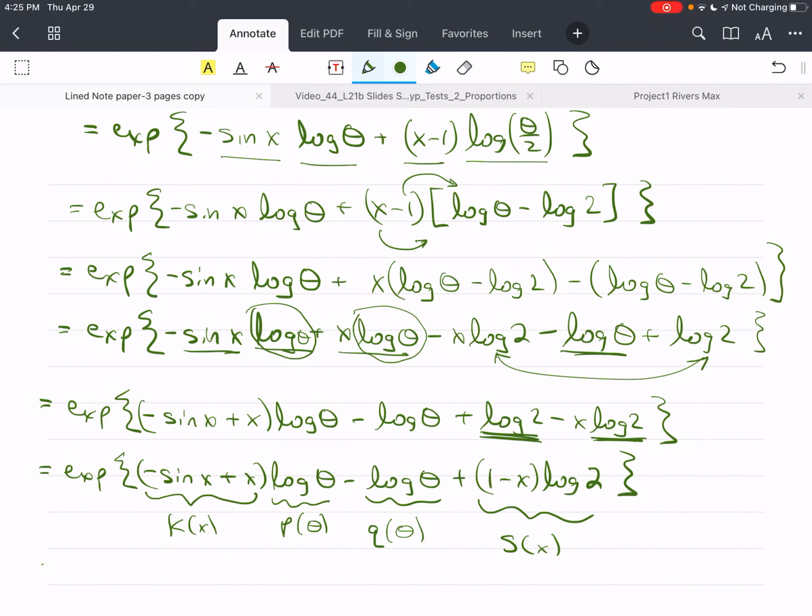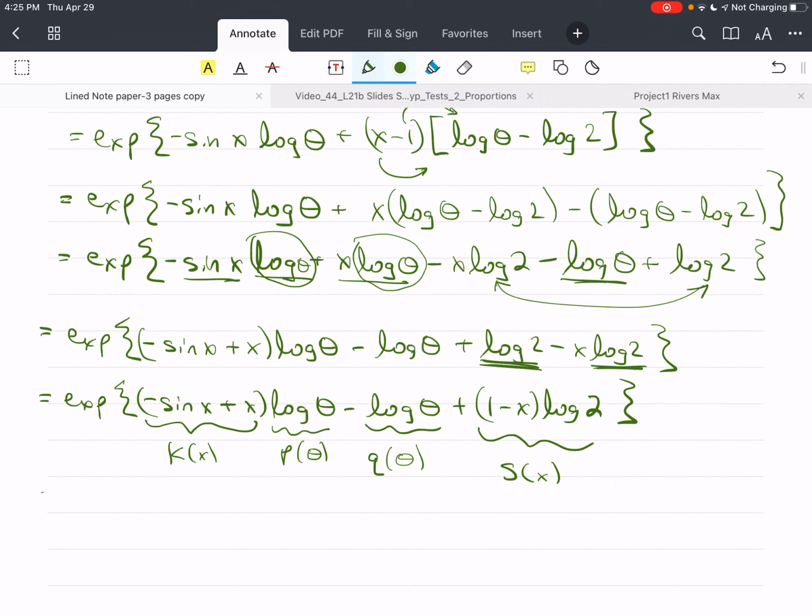Okay? In this case, p of theta and q of theta are the same except for a minus sign. And that can be, but they don't have to be. And so now f of x is an exponential family of distributions.